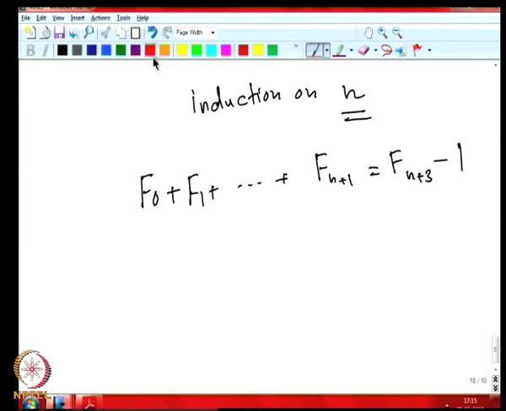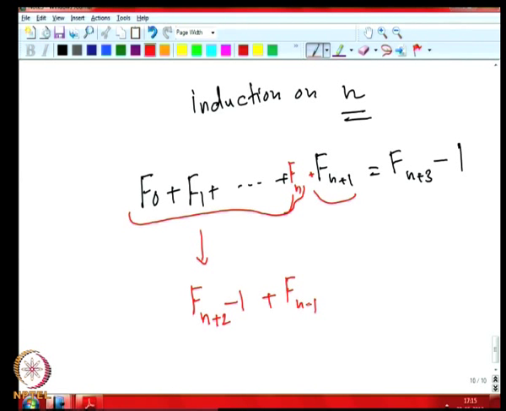But then we can split it into up to fn, and then this last term, fn plus 1. By the induction hypothesis, the first part is fn plus 2 minus 1.